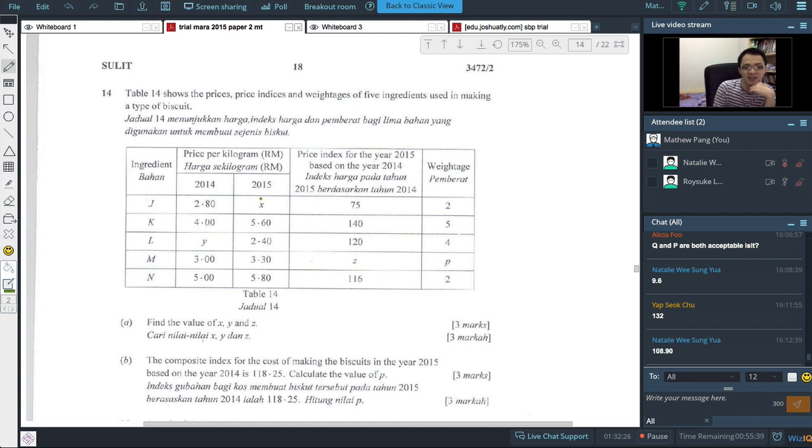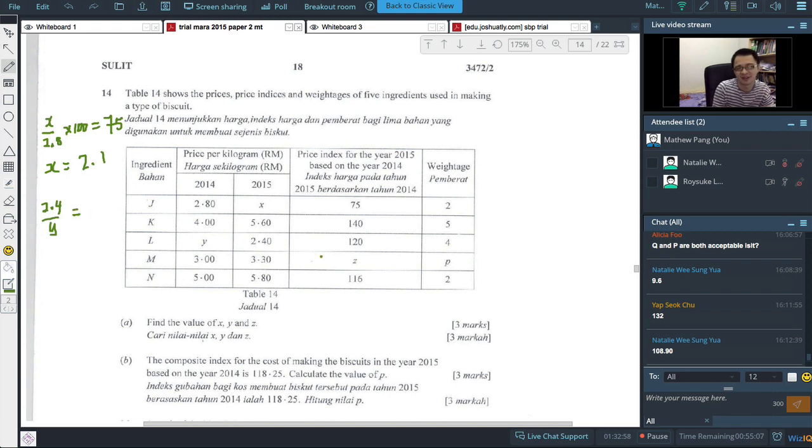So this one is x over 2.8, you get 75. So x over 2.8 multiplied by 100 equals 75. So x basically is 75 divided by 100 multiplied by 2.8. Yeah, 2.1. So I got the x easily. Same thing, I want to find the y. So it's 2.4 over y equals 120 over 100.